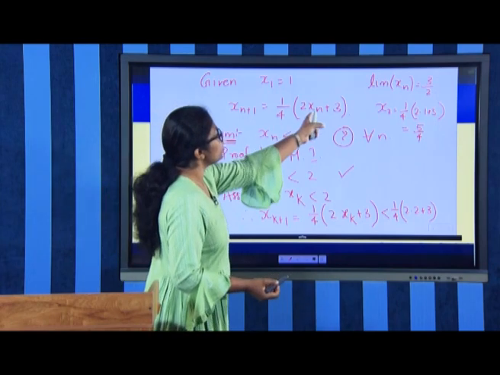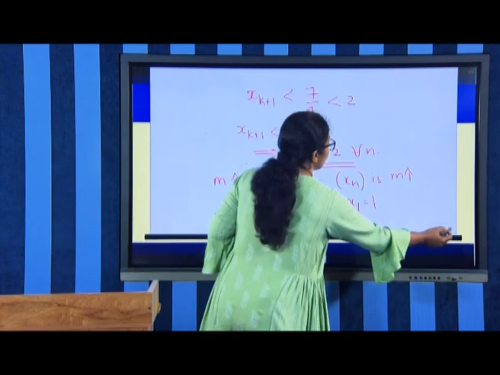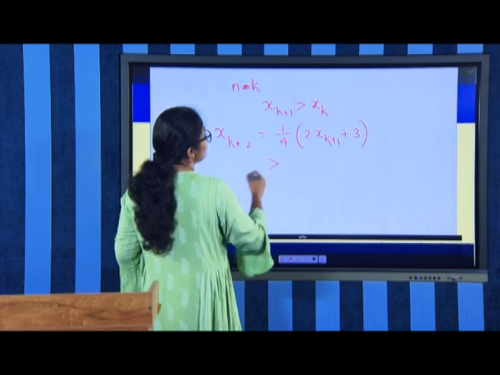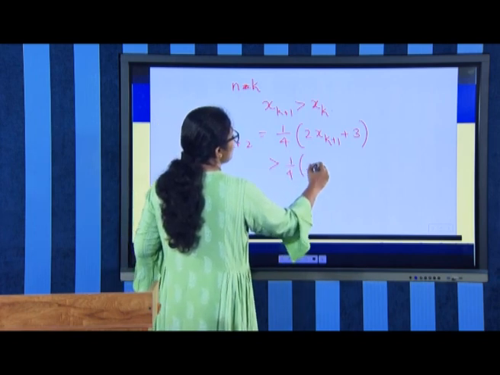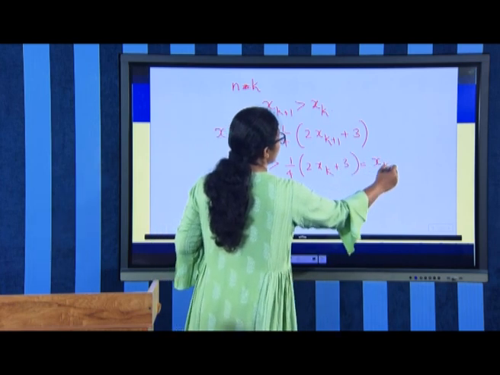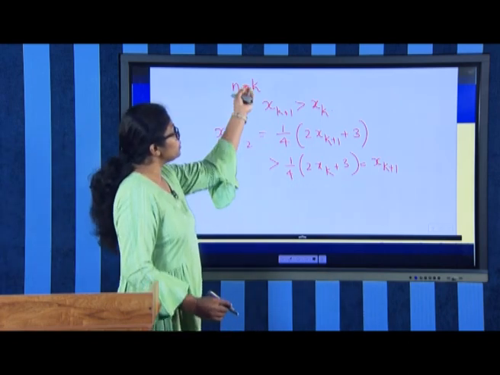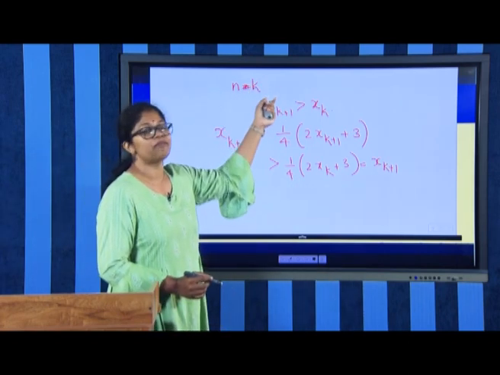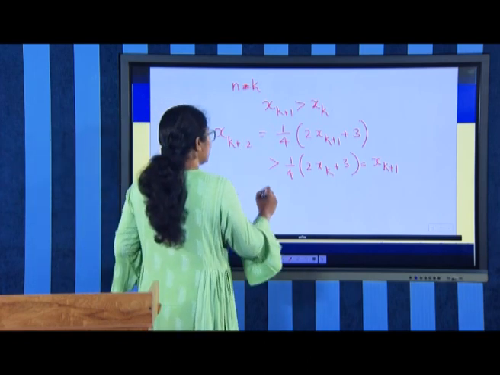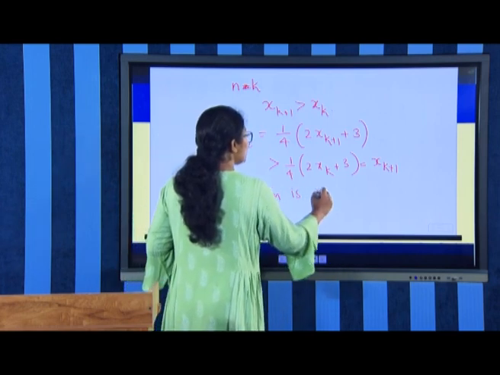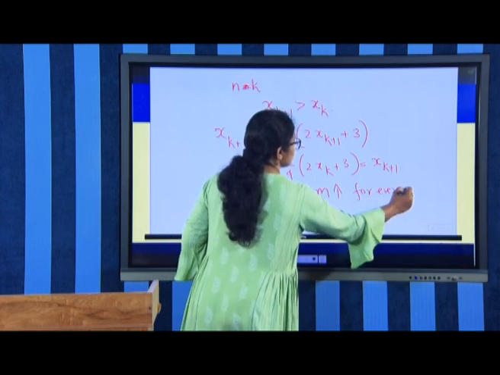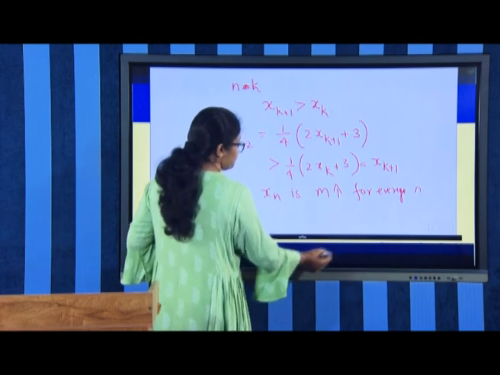So, 1 by 4 into 2xk plus 1 plus 3 is strictly greater than 1 by 4 into 2xk plus 3, and this value is equal to xk plus 1. So, having assumed the result is true for n equal to k, we have now proved that the result is true for n equal to k plus 1. Therefore, xn is monotonic increasing for every n.